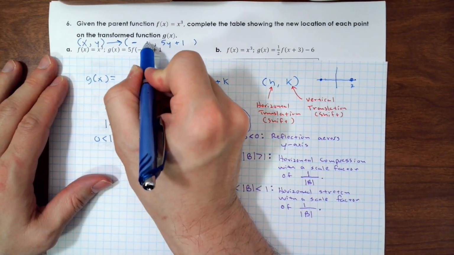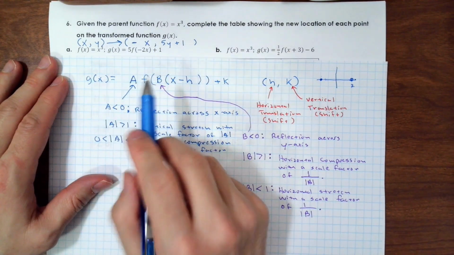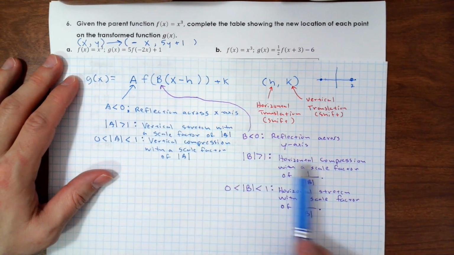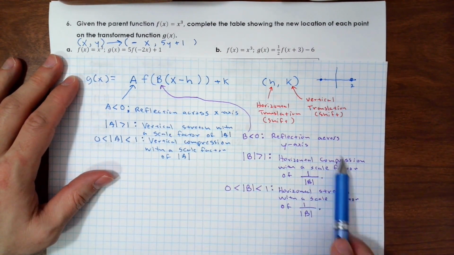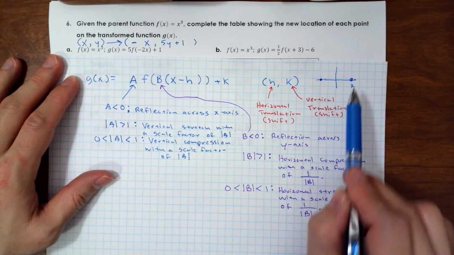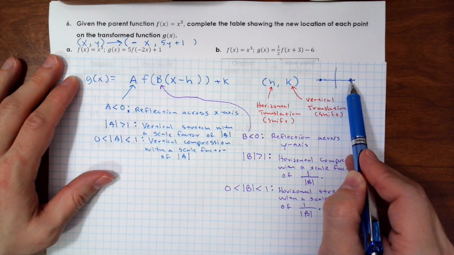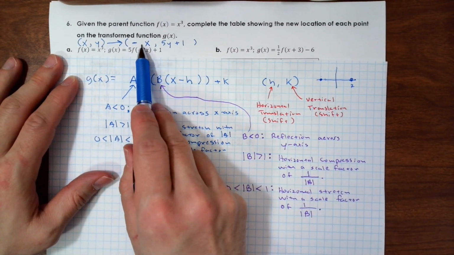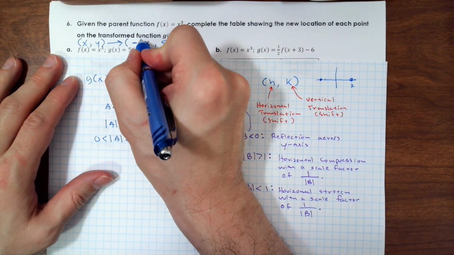But I'm going to leave a suspicious gap here. What does this 2 represent? It represents a horizontal compression with a scale factor of 1/2. And if you compress, you'd be getting smaller. So right here, we need that 1/2.